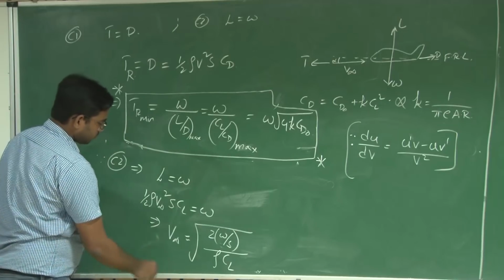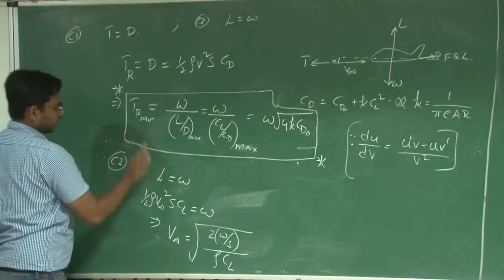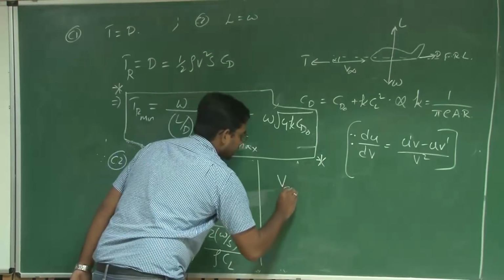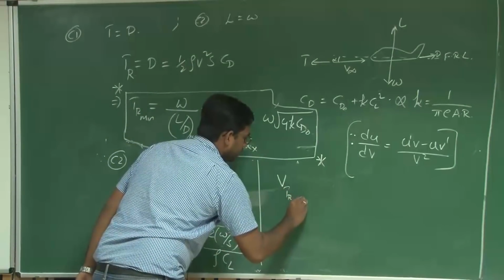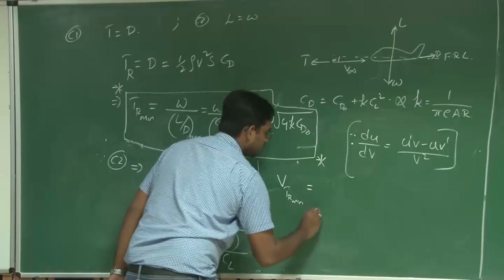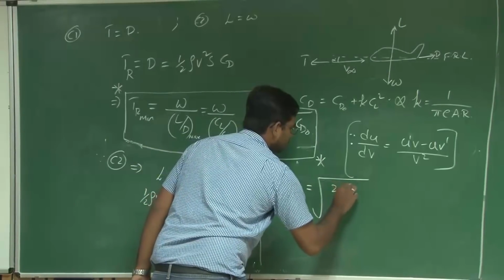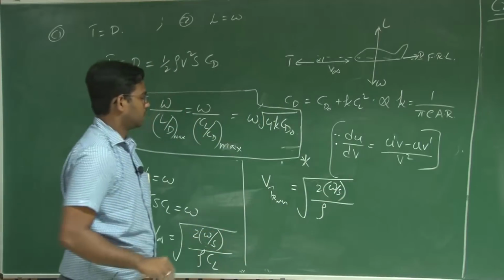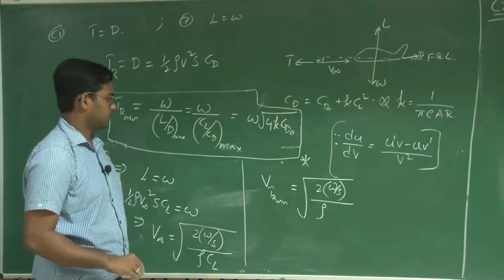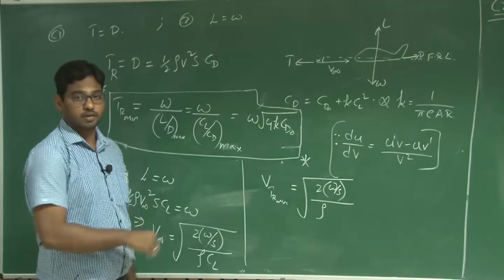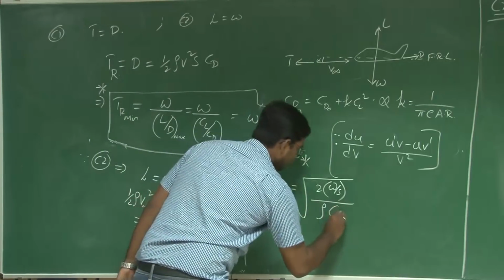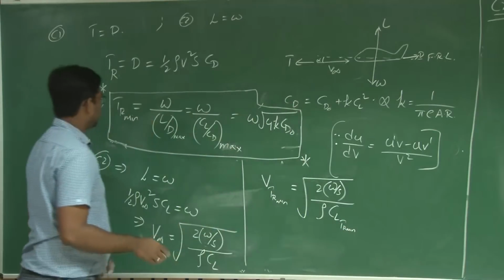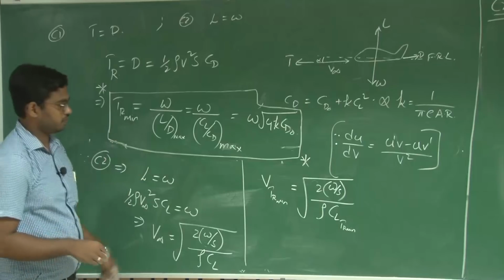Now the velocity for thrust required minimum, V for TR minimum, is equal to root over twice the wing loading over the density of the air at that particular altitude, into CL for TR minimum. What is the value of CL for the corresponding thrust required minimum?